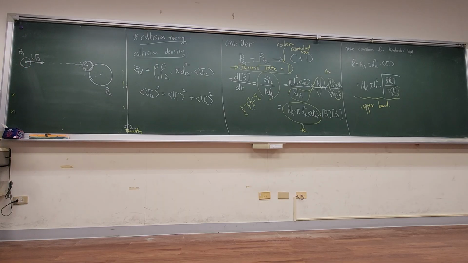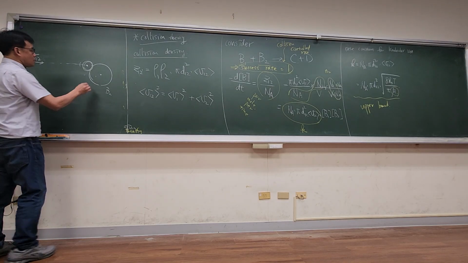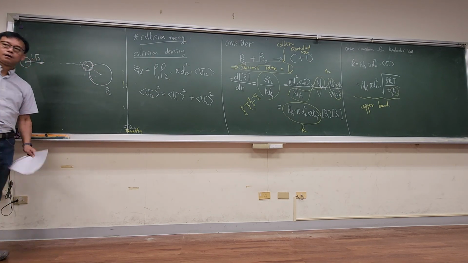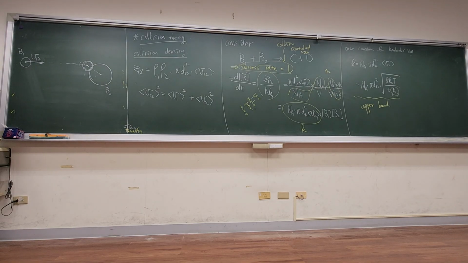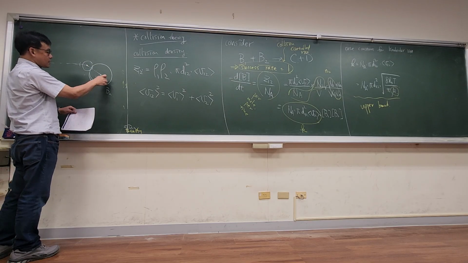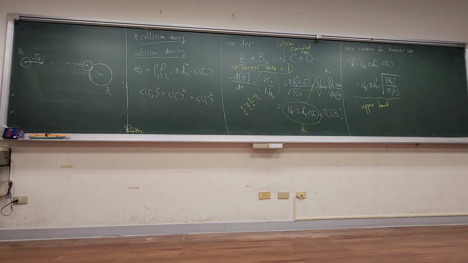So when V1 is here, the centers of V1 and V2 are connected by this line here.